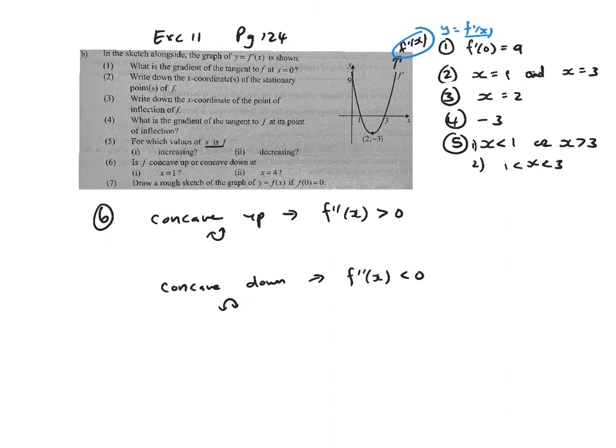So this is y is equal to f prime x, right? Good. What would f double prime x, the second derivative, be in terms of this graph? It would be its slope, because if you're finding the derivative of a function, you're finding the slope. Hopefully that makes sense to you.